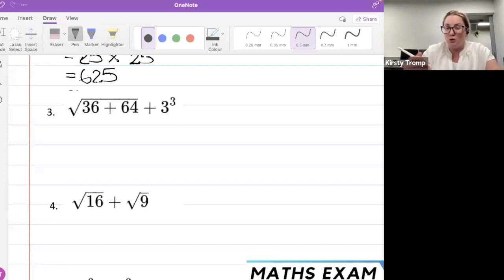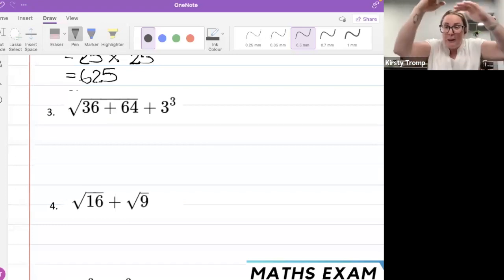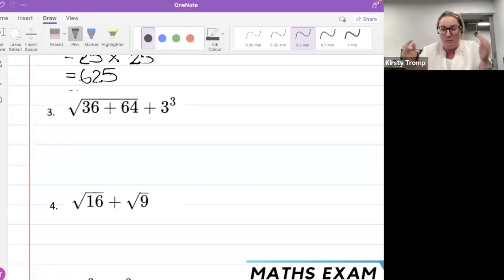Everything that's underneath that square root house is like saying to ourselves, it's almost like it's in its own little bubble, in its own little brackets. And what does BODMAS tell us? We must do the brackets first. So if it's underneath that square root sign, or underneath the cube root sign, it means that there is actually a bracket there. We just haven't written it.